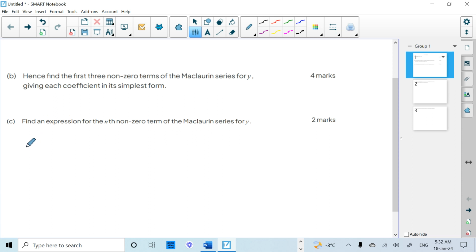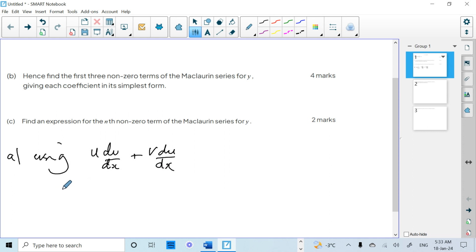So for part A, using u dv/dx plus v du/dx will help us to differentiate and find the first derivative.